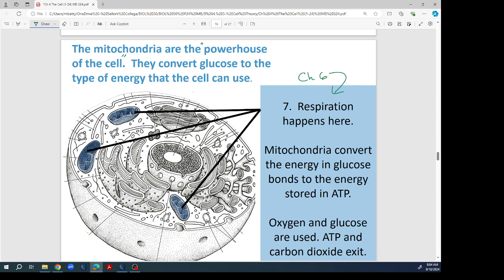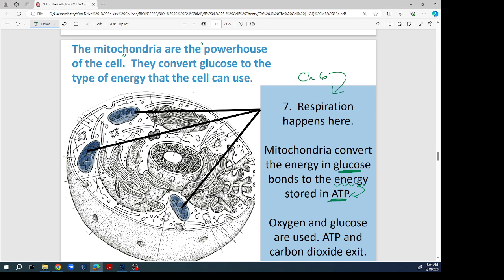Maybe it's the furnace in your house, whatever your analogy is. But cellular respiration is really what happens when we have glucose being converted into ATP. This is the energy currency in the cell. So we'll talk more about ATP and what that molecule is in the coming chapters.